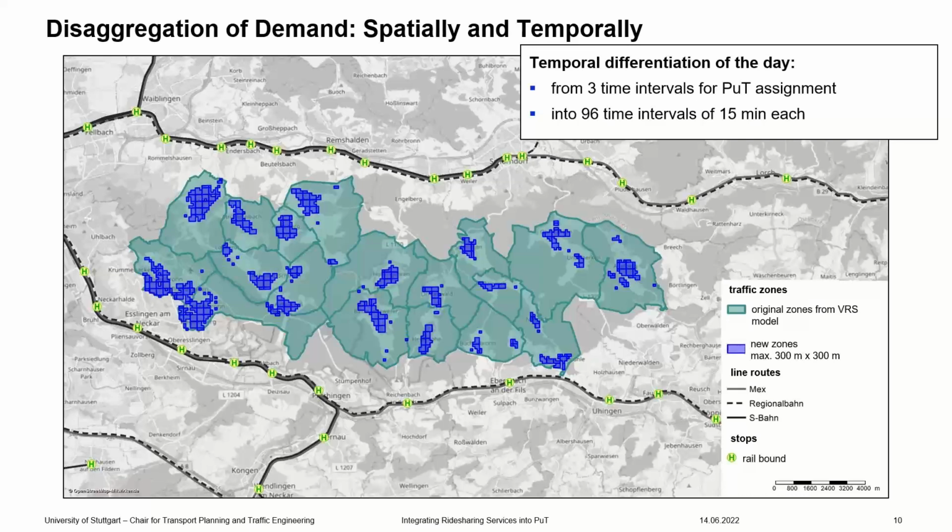Temporally, we changed the differentiation of the day from 3 time intervals for the public transport assignments, which were the morning and evening rush hours and the off-peak times, into 96 time intervals of 15 minutes each throughout the whole day. And spatially, we disaggregated the 18 existing traffic zones into 301 traffic zones, which then had a maximal size of 300 meters times 300 meters.